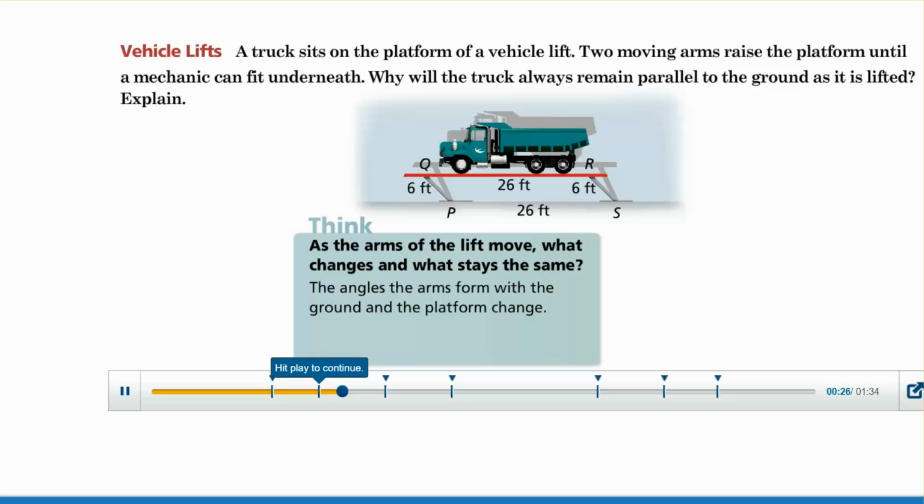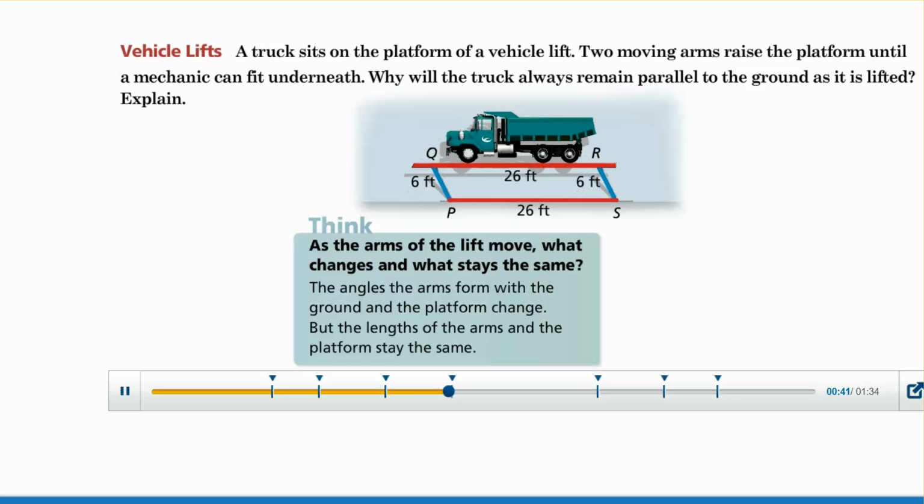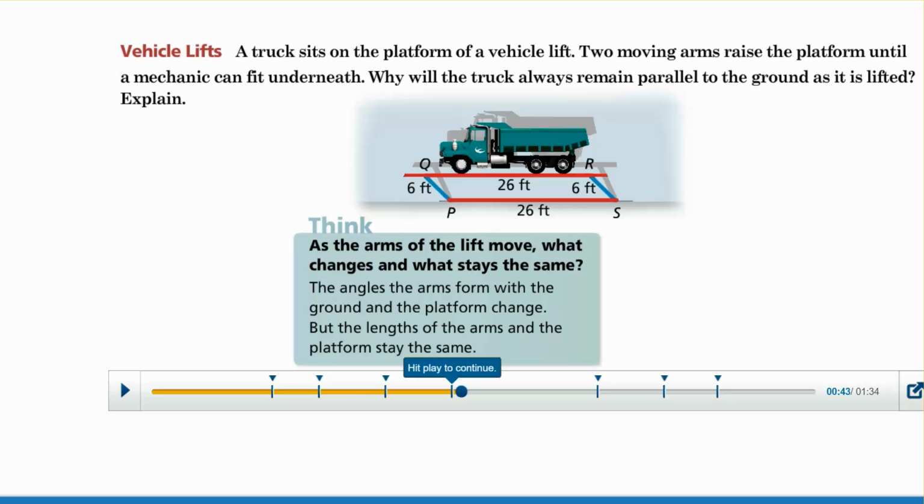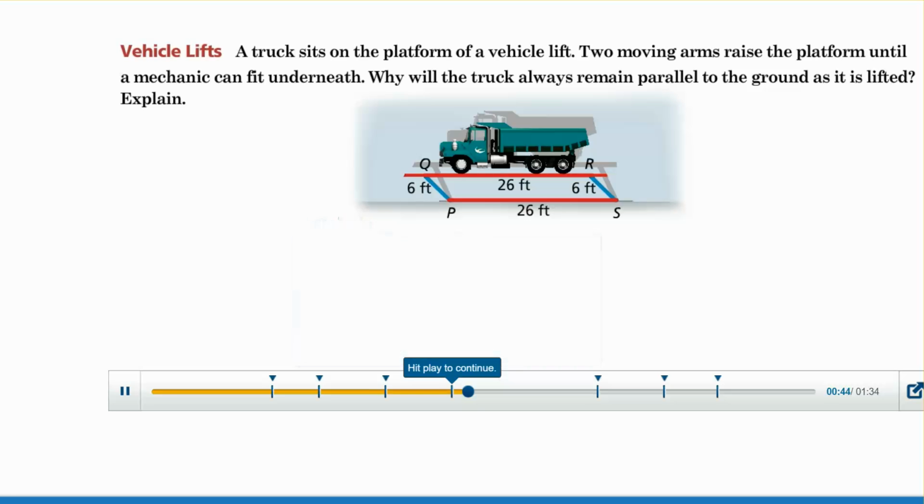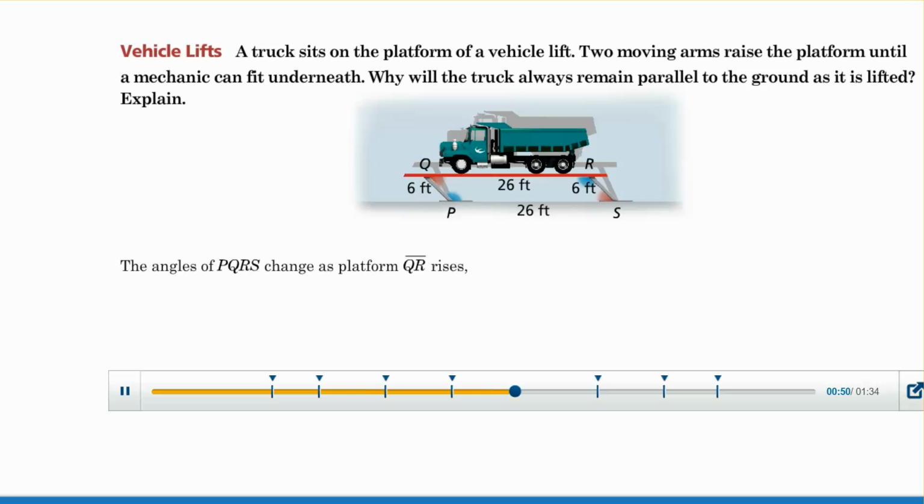The angles the arms form with the ground and the platform change. But the lengths of the arms and the platform stay the same. The angles of figure PQRS change as the platform, segment QR, rises.